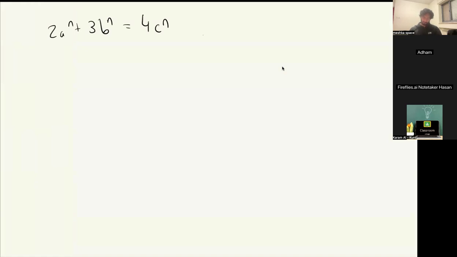All positive integers. So any ideas, where can we start? Maybe it reminds you of another problem similar to the ones we did above, because of the powers, right?